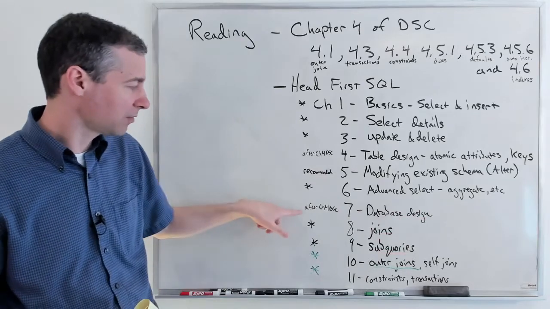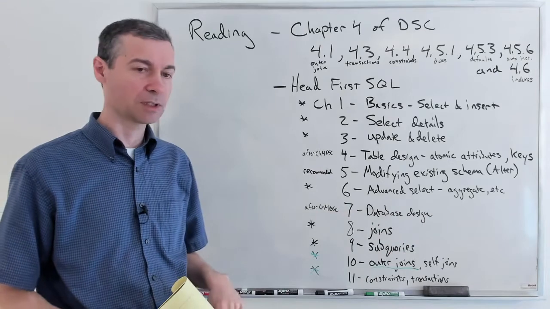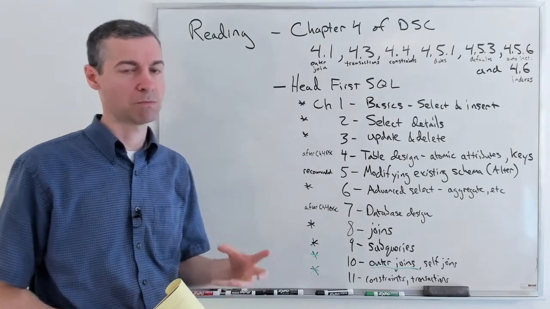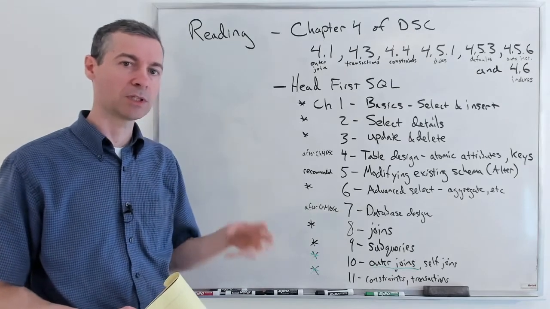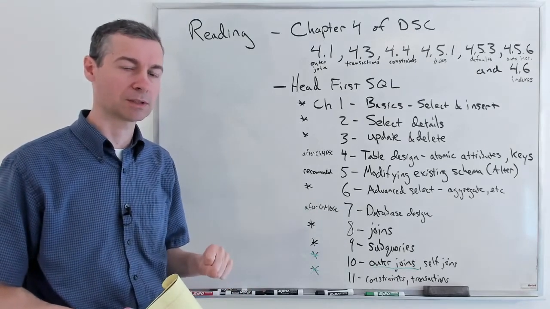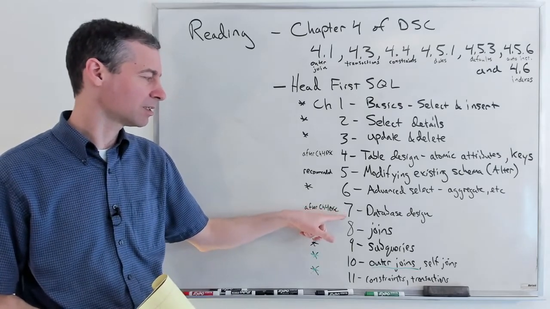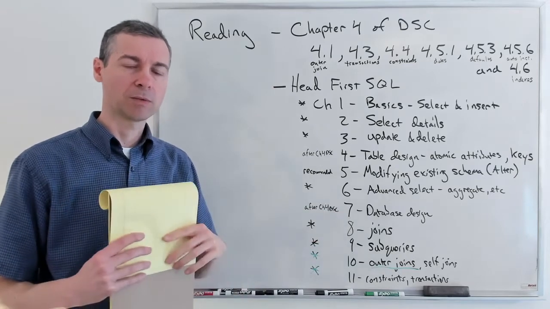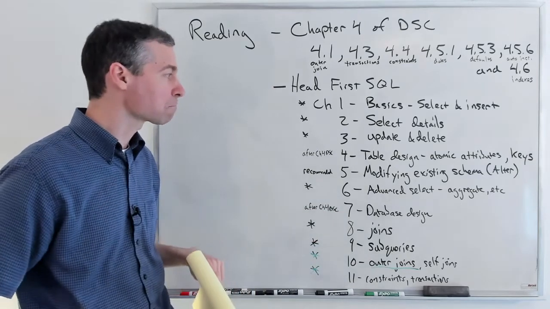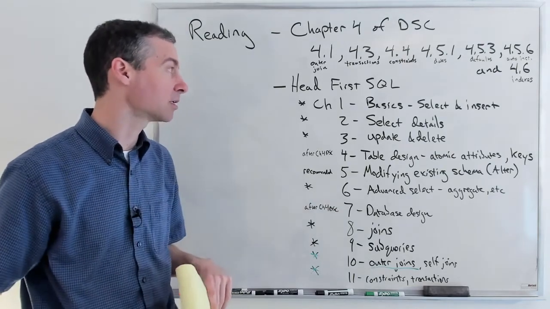I might have us do chapter 7 in Headfirst SQL because I think it is much more understandable than the same material in the Database Systems Concepts textbook. I think it does a decent job of explaining it without confusing matters. So this may become something I explicitly assign as reading.